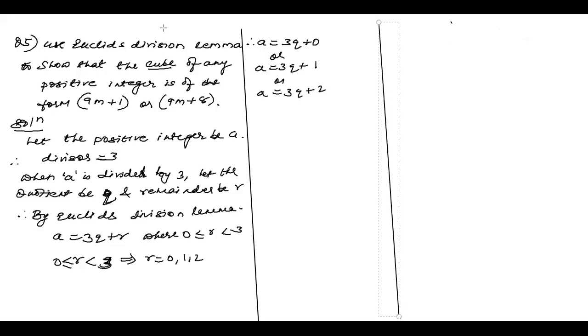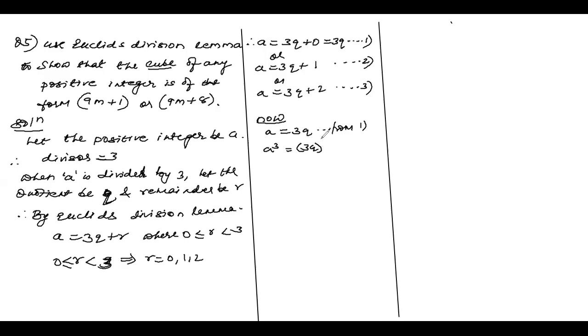I call this 1, this 2, this 3. Now, when a is equal to 3q, taking the cube on both sides, this becomes 27q cube.